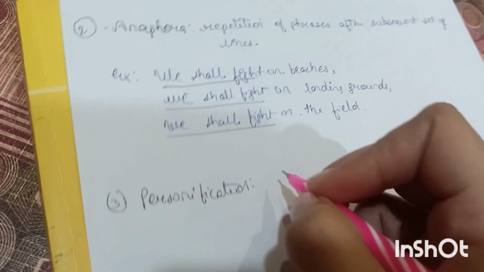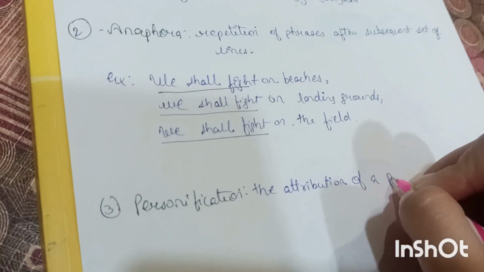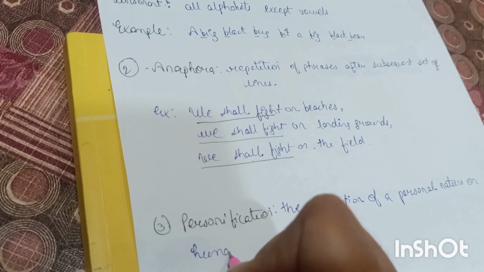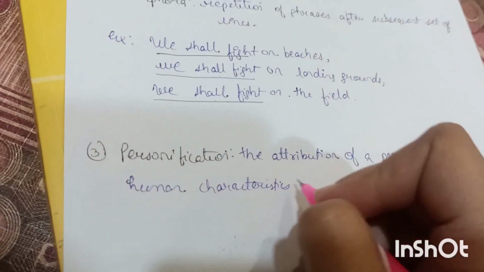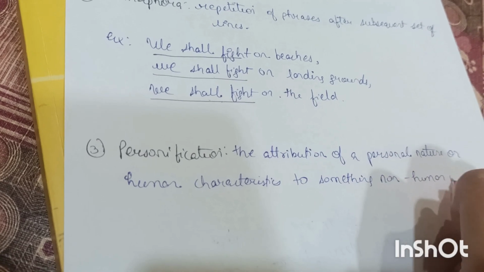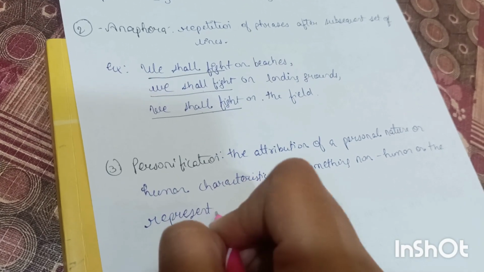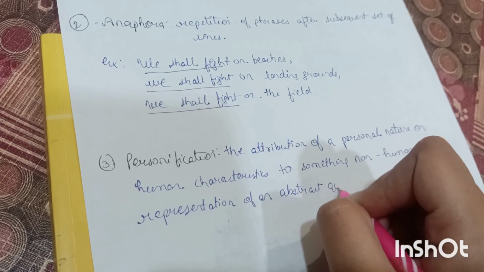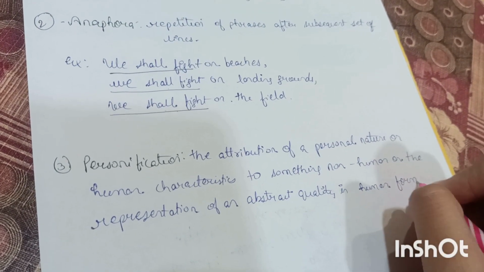So you can write it that the attribution of a personal nature or human characteristics to something non-human or the representation of an abstract quality in human form. Okay, so now let's see the example for this.